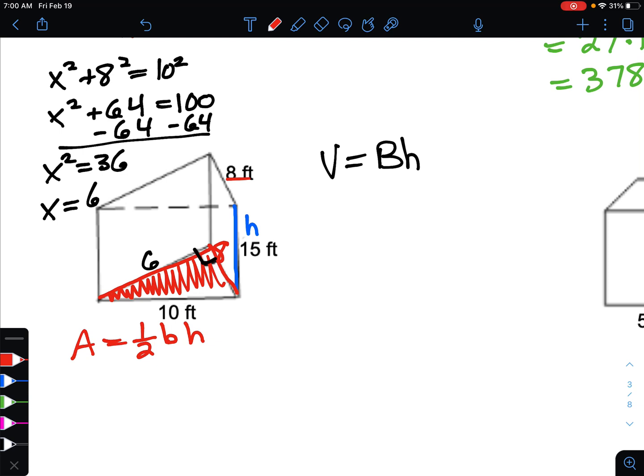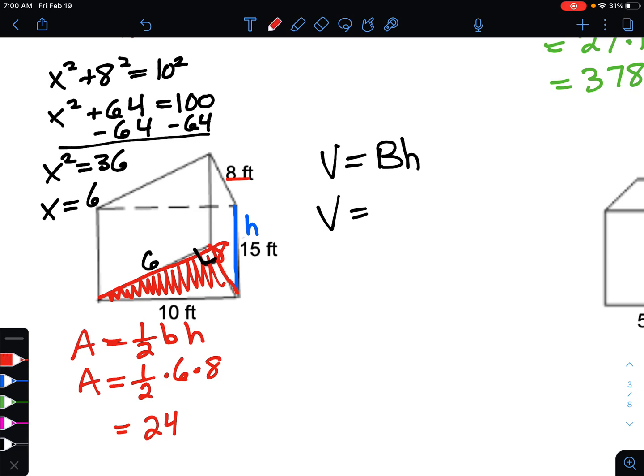So now we know our base and our height are 6 and 8. So we'll take 1/2 multiplied by 6 multiplied by 8, and that gives us the area of our base, which is equal to 24. So we're now ready to finally go back and put all of that into our formula for volume.